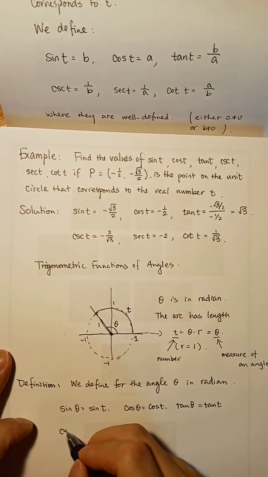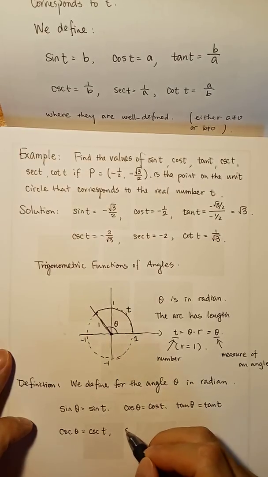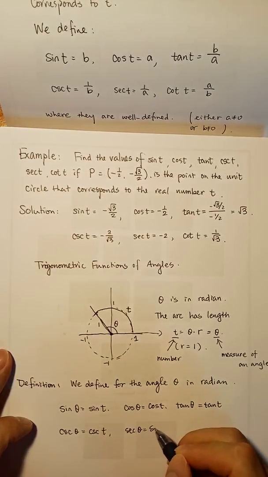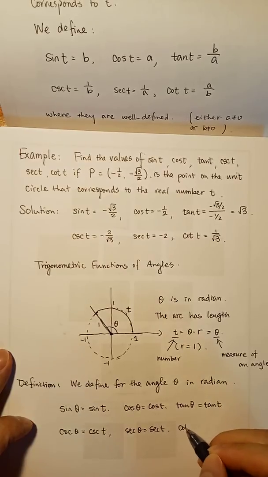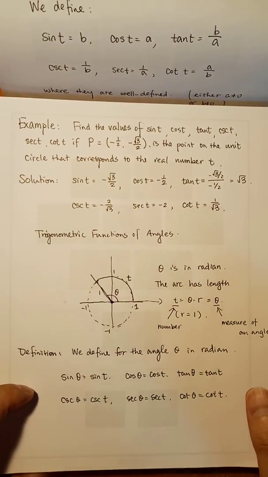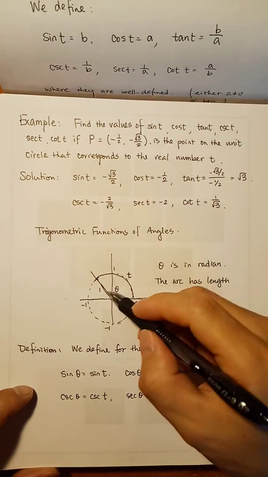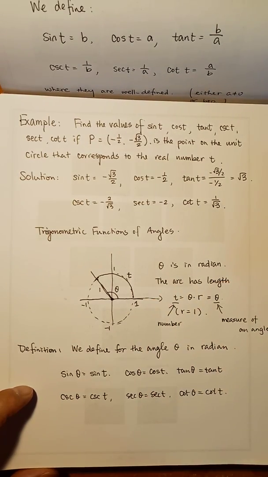Similarly, cosecant of theta is cosecant t, secant of theta is secant of t, cotangent of theta is cotangent of t. So that's the trigonometric functions for general angles when you have the corresponding arc, the corresponding radian angle.